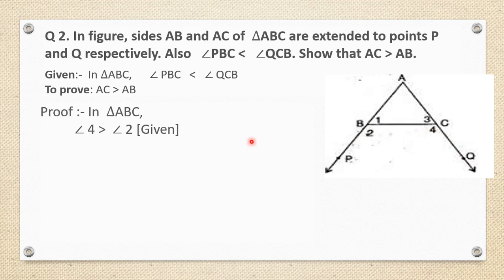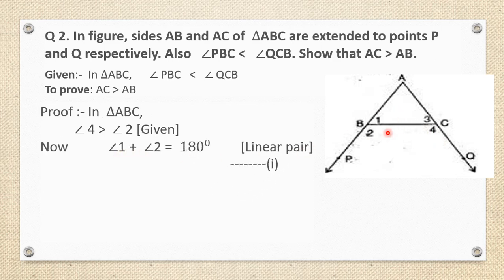So we have to prove that side AC is greater than side AB. So we can say angle 4 is greater than angle 2. It is given for this triangle.